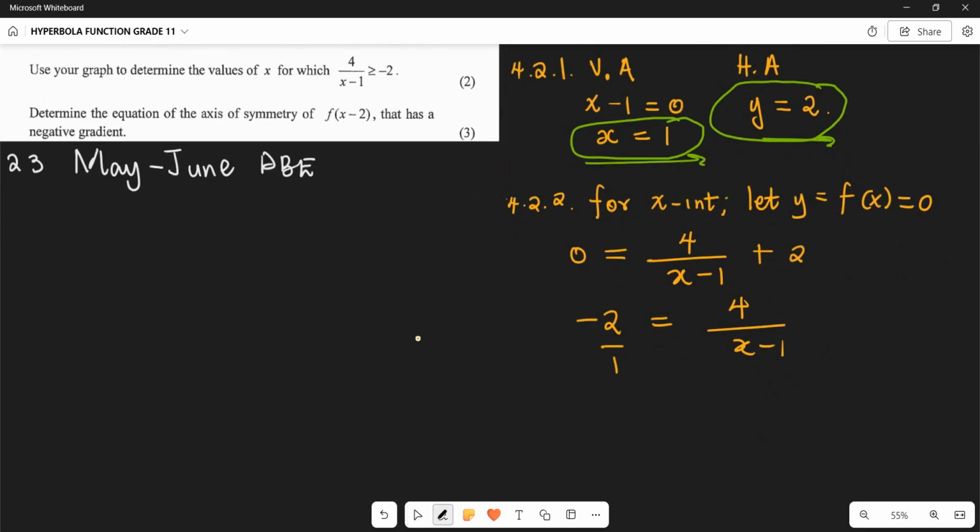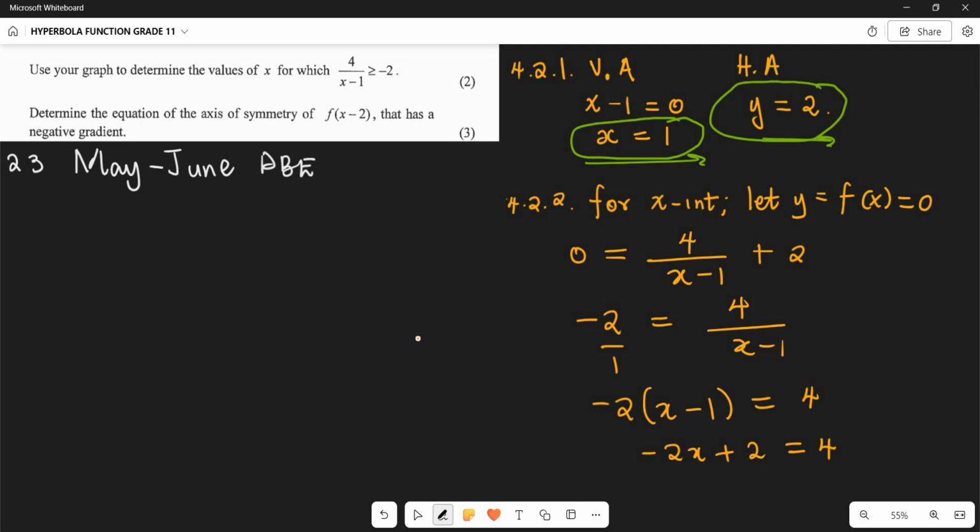we're going to have negative 2 multiplying x minus 1, which is equals to 4. Then we can distribute the 2 into the brackets, or we simply divide both sides by negative 2, whichever works for you, then you go with it. So if I do the distribution, it will be negative 2x plus 2, which is equals to 4.